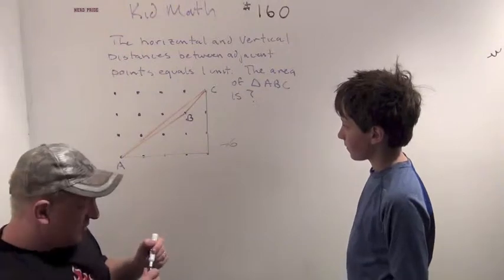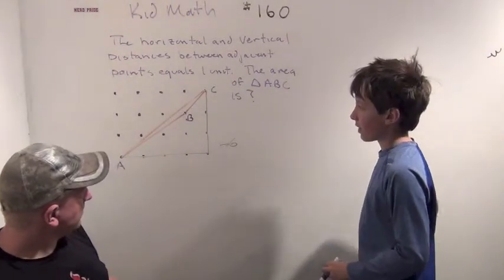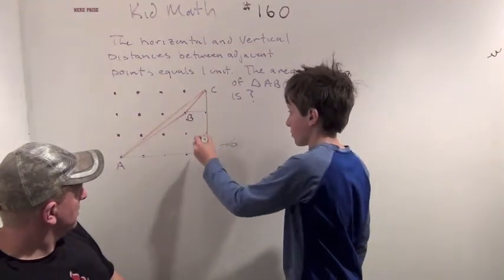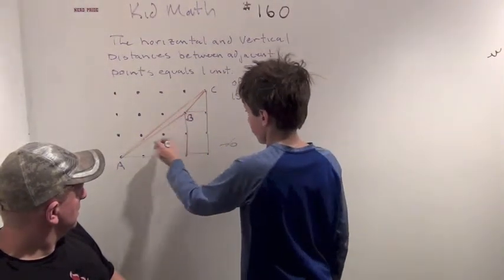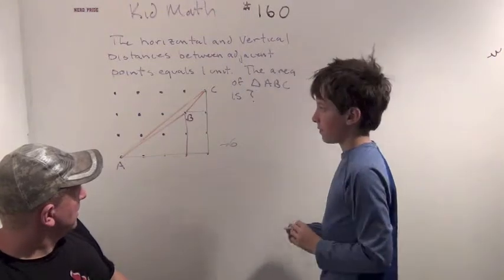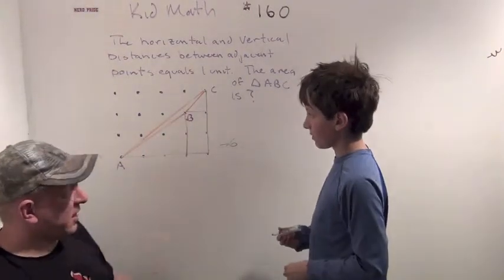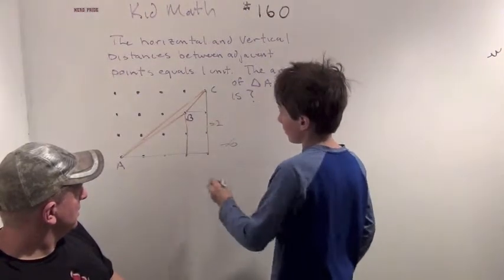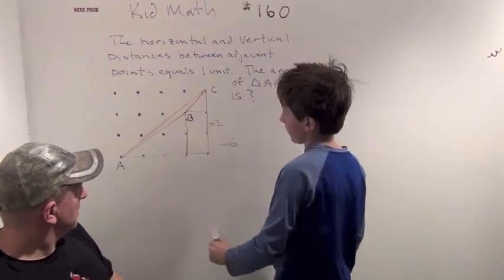Then we could see what the 6 is chopped up into. So chop it up. We've got this triangle, and this rectangle, and then the triangle we're looking for. The rectangle's area is 2. This triangle is 1 by 1, so it's a half.